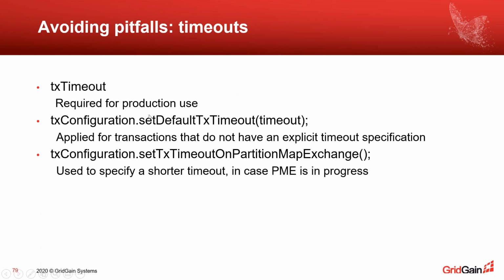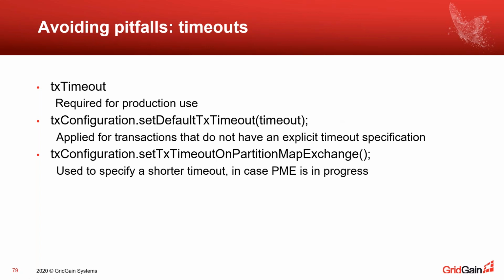So in the regular life of your cluster, your keys will be locked for a maximum of 5 seconds, but if partition map exchange starts and the stop-the-world pause begins, then the timeout will be instantly decreased, and after, for example, 100 milliseconds, your transaction will be rolled back. So you may get a bunch of rollback exceptions in case of partition map exchange, and then after it is finished, your cluster will operate just as before with the regular 5 seconds timeout.